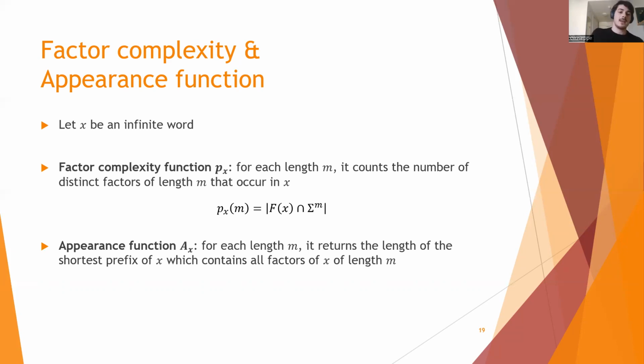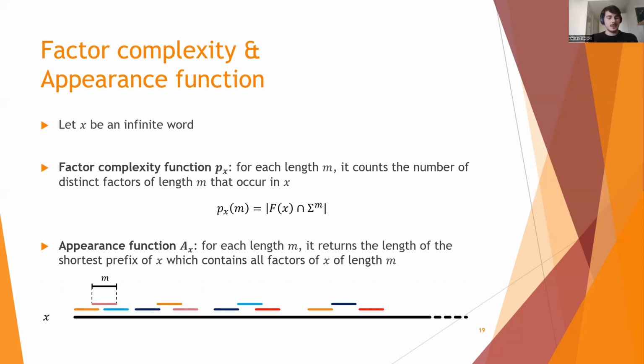With A of X, we denote the appearance function, which for each length m returns the length of the shortest prefix of X which contains all factors of length m. So, for instance, in this case, it is A_X of m because these three factors already occurred before.